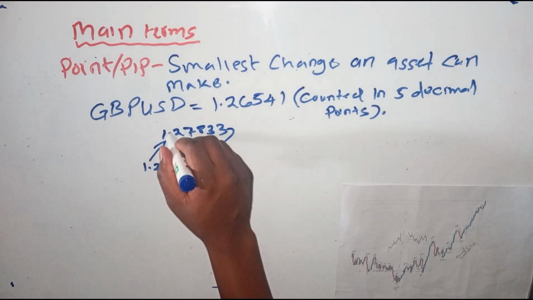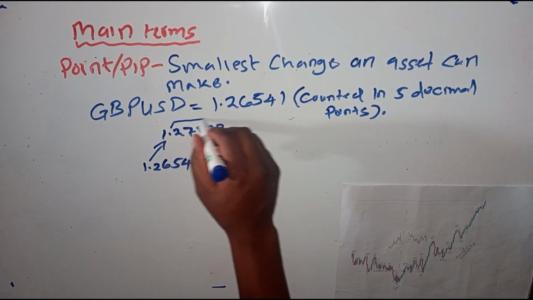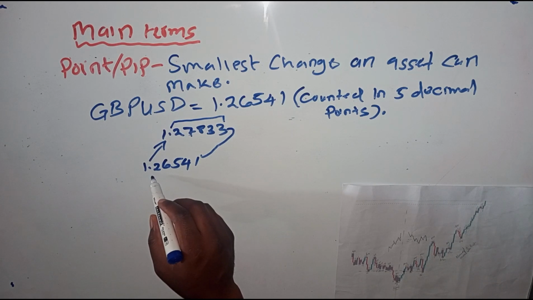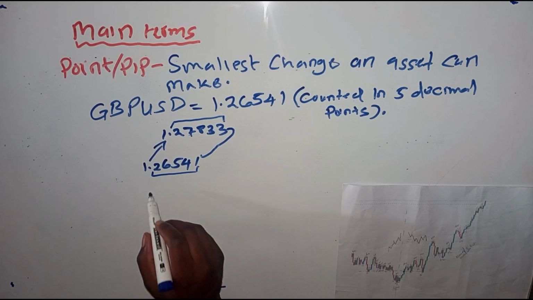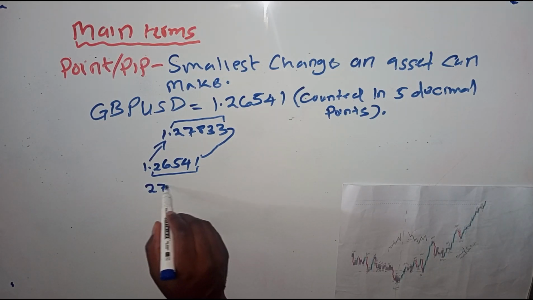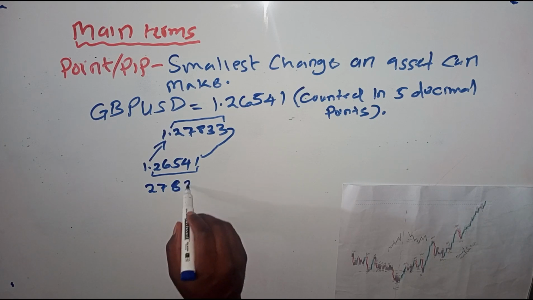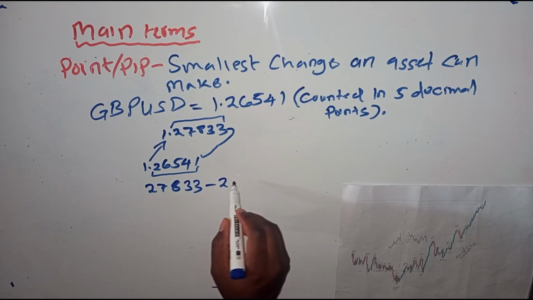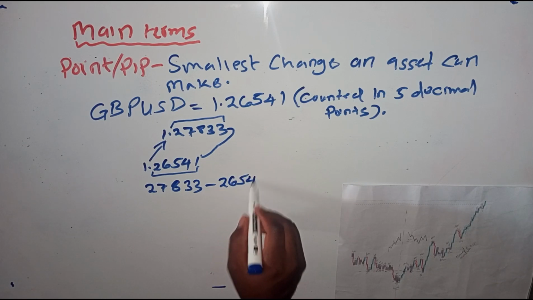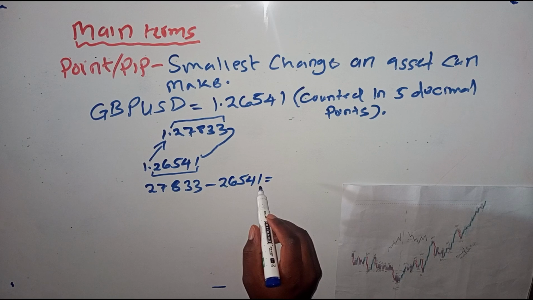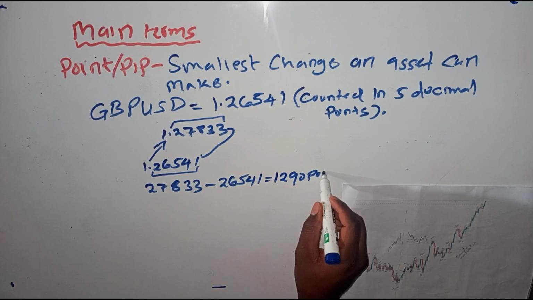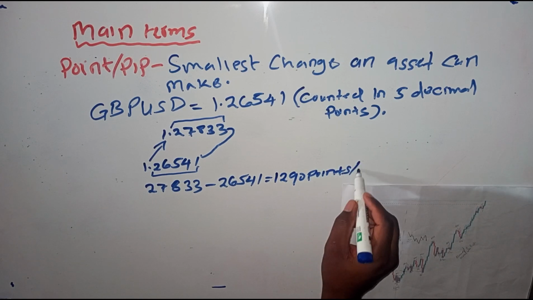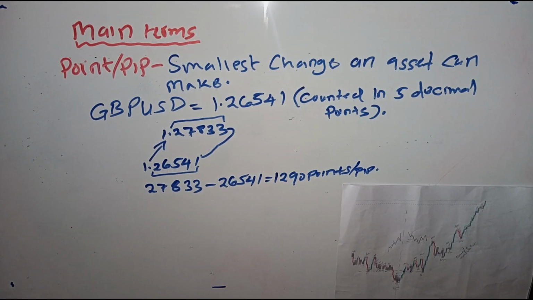We only subtract the point portion. So we take 27833 less 26541, which gives you 1290 points or pips. That's a difference of 1290 pips.